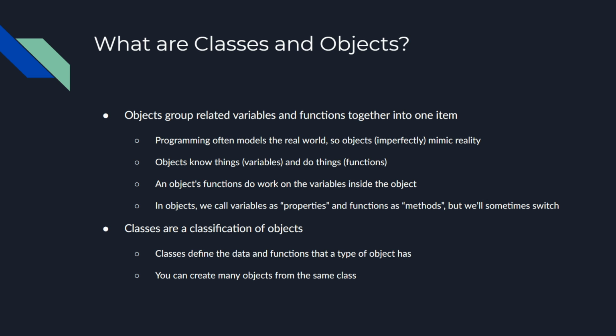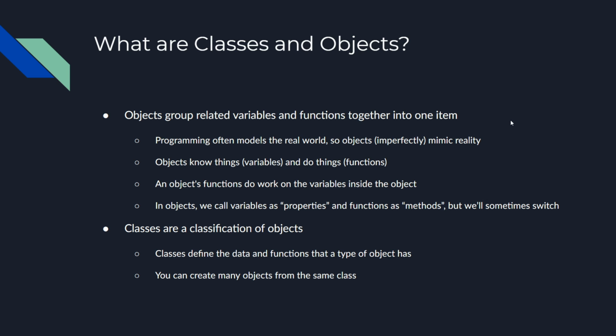As I mentioned before, programming often models the real world. So objects should, albeit imperfectly, mimic reality, okay? So if I have some object that is like a mouse, my mouse in code will model this mouse somehow. It may have something like a weight, or a size, or a color, whether it's wired or not, these kinds of things, okay? And those are the kinds of things we would define as part of the object.